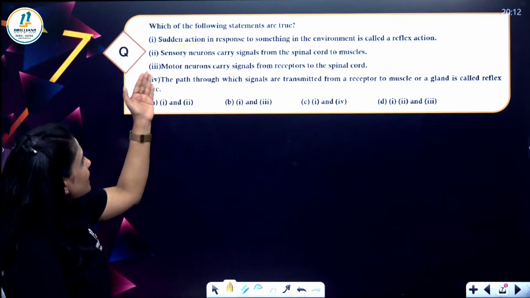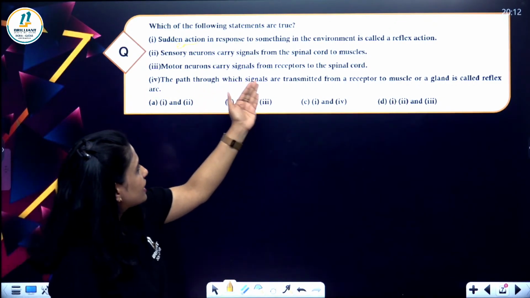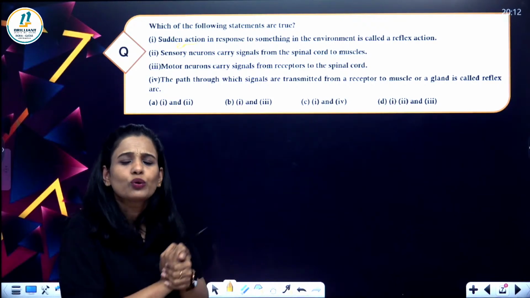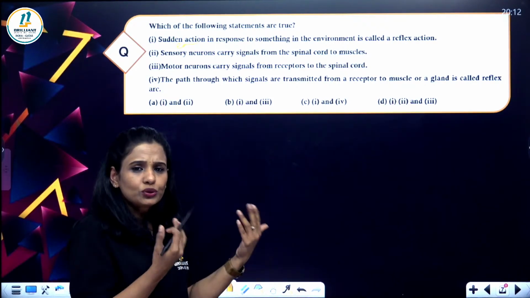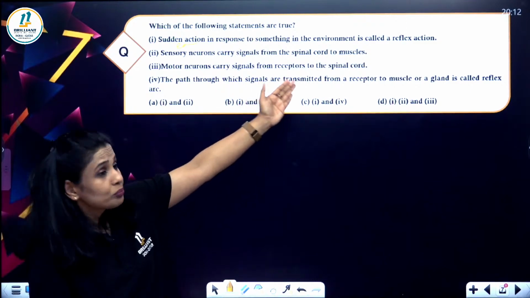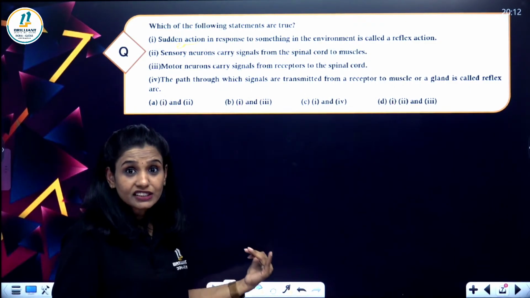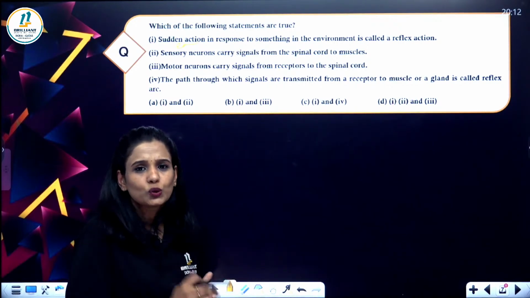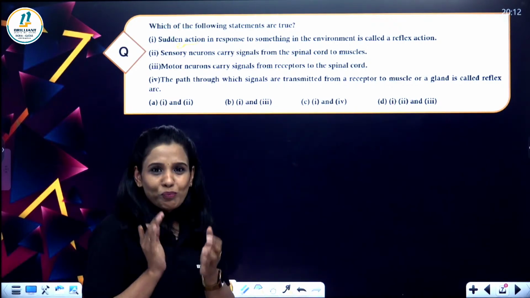Now, sensory neurons carry signals from spinal cord to muscles. Do sensory neurons carry messages from spinal cord to muscles? We have learned now, which neuron carries messages from spinal cord to muscles? It is motor neurons, right?